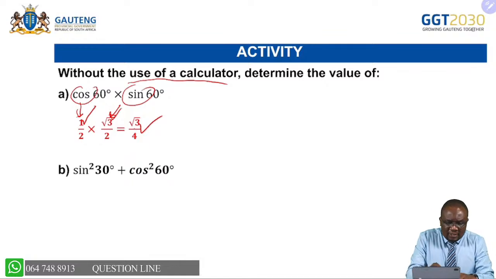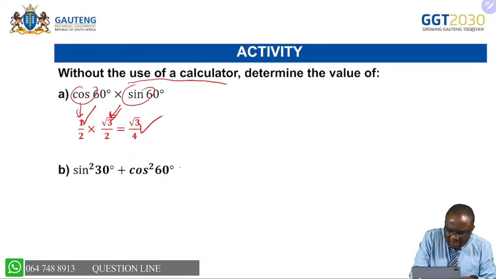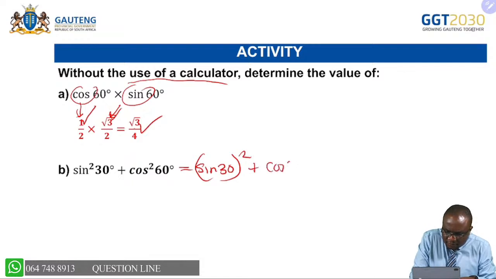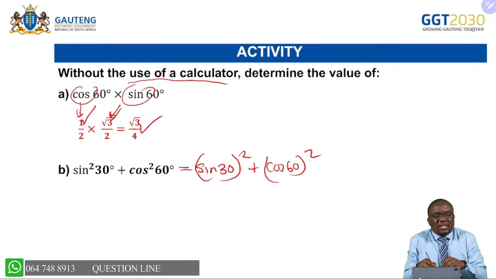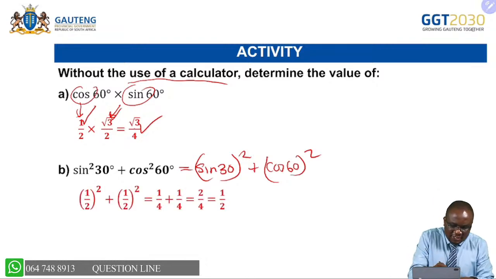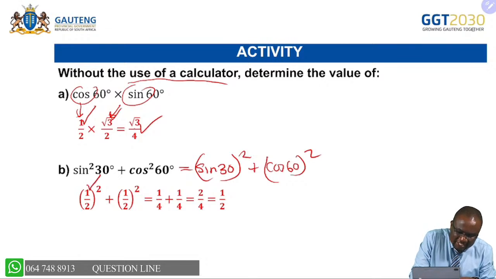Sine squared 30. This one, I always say this is just the same as sine 30 in brackets, squared. If I put it like this, you understand better. Plus cos 60 squared. That's what it means. So inside the bracket, you have your sine 30, which is half. Inside the bracket, you have cos 60, which is half. 1 over 2. You see that? For writing this, you're getting a mark.